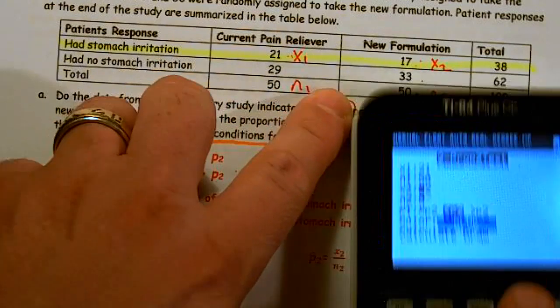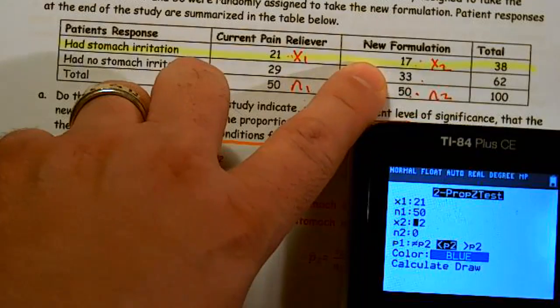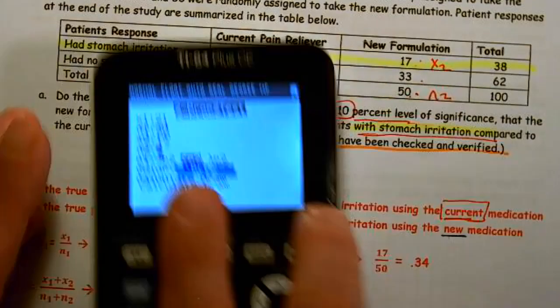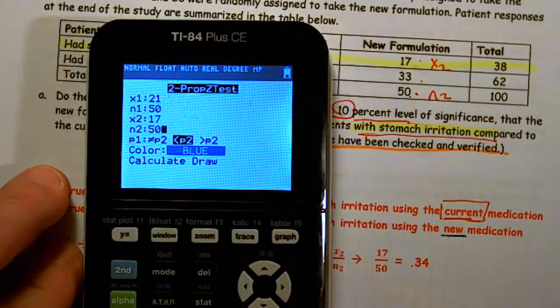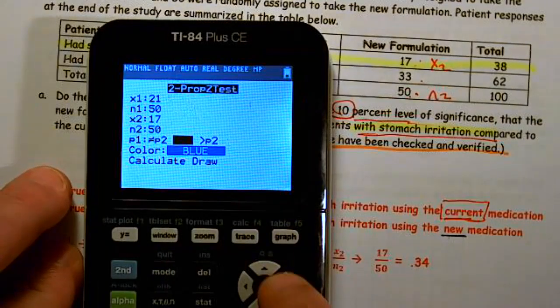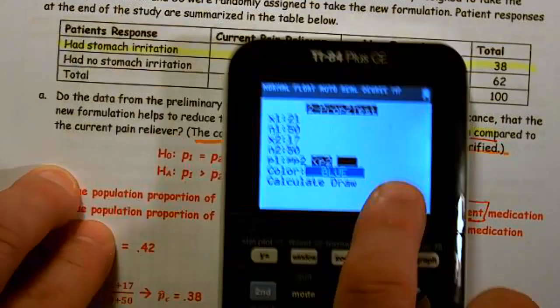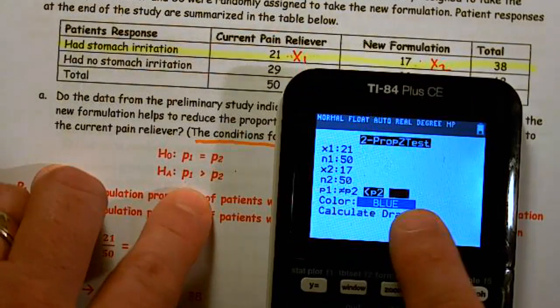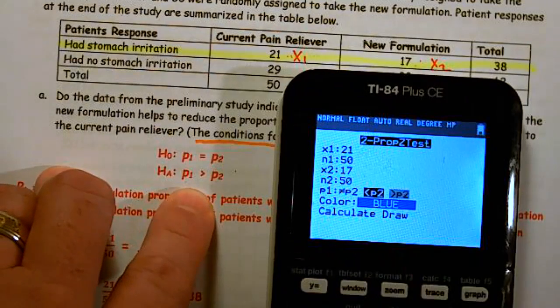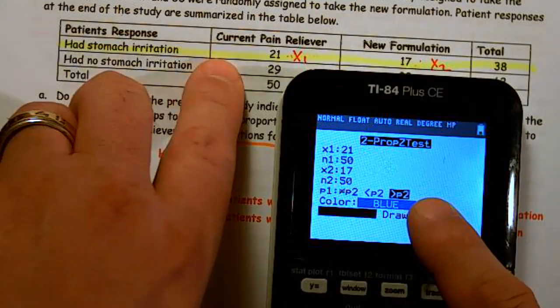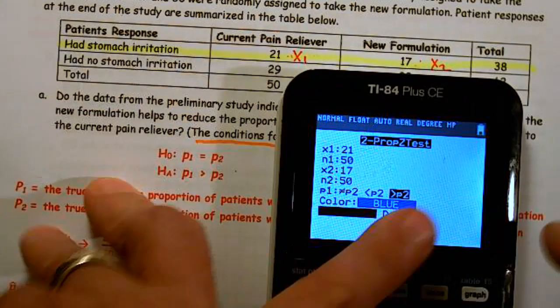Then we have X2, which we said would be 17, and N2, which is 50. And what we showed in our alternative hypothesis was a greater than symbol because our pain was going to be reduced from the current to the new.